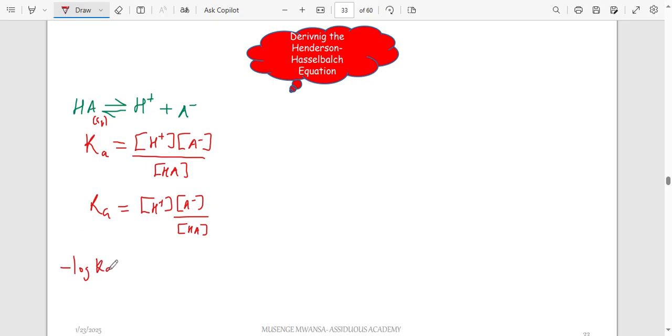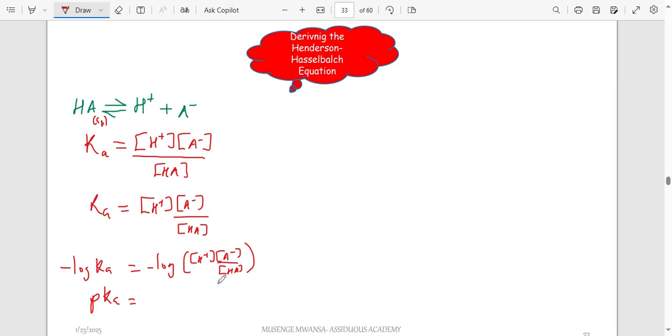Negative log of Ka is equal to negative log of H times A minus over HA. Remember we said negative log of anything is just p of that same thing. So negative log of Ka is pKa.